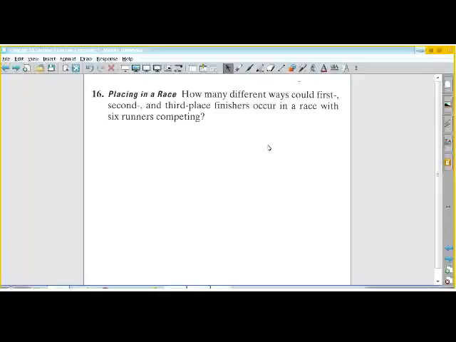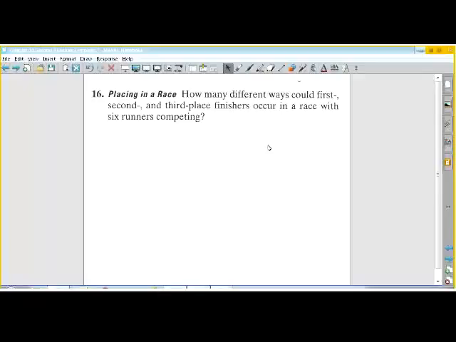Yes. It makes a difference whether you win first or second. So order is important, therefore we use permutations. Once we have that, all we have to do is figure out what N and R are. N is always the things you're choosing from, and R is the things you're choosing, the subset.